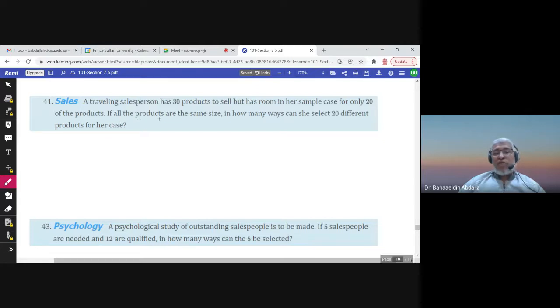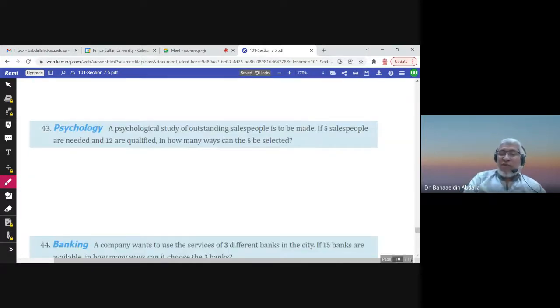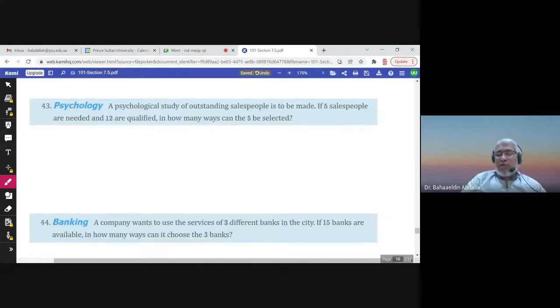So she needs to choose 20 of the products to put them in her sample case out of 30. If the products are the same size, in how many ways can she select 20 different products? 30C20. No order, no difference between these 20. No arrangement would happen to these 20. All of these 20 would be together in the sample case.